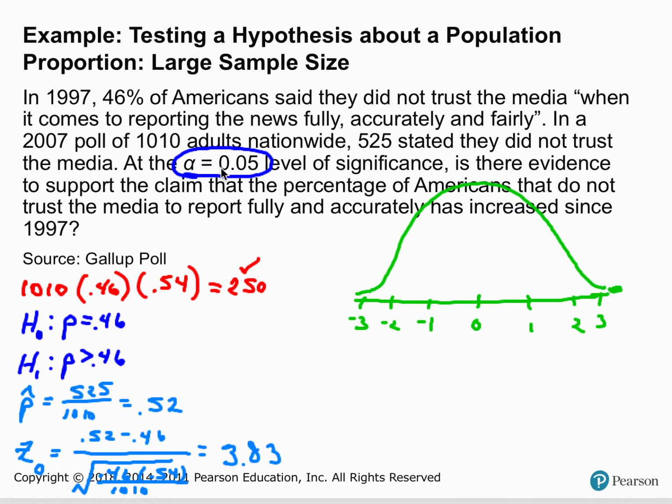Let's look in our chart. I'm looking in my standard normal distribution chart to try to find 0.05. Because of symmetry, I can also look for 0.95, which would be the same thing since it's a right-tailed test, or 0.05 and instead of the negative, just make it positive, whichever is easier for you.